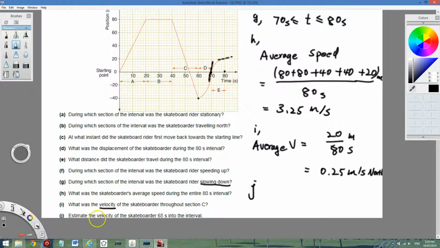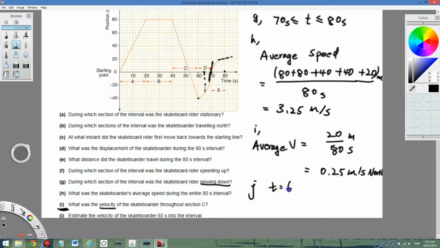The last question, we need to estimate the velocity of the skateboarder at 65 seconds. 65 will be somewhere there. Remember, in the previous question we were finding the average velocity. Here we are finding the instantaneous velocity.